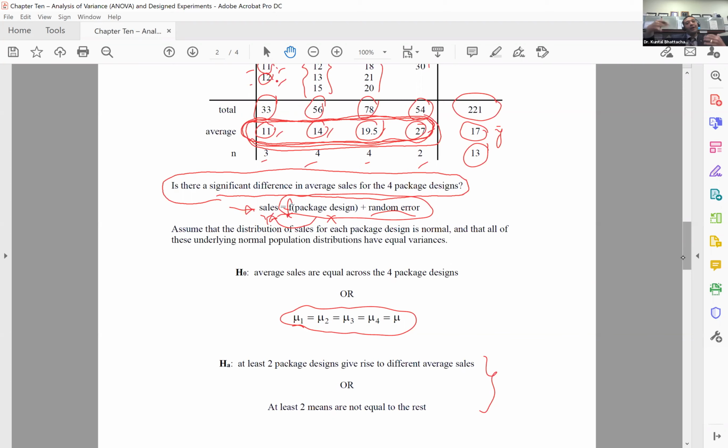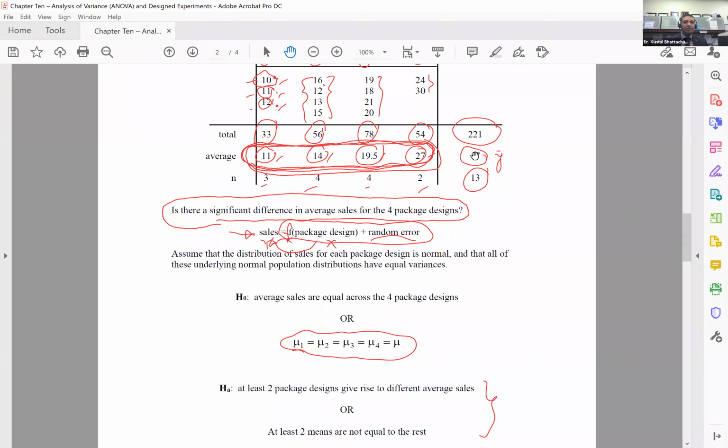And then of course we squared that deviation and took the square root to find standard deviation and all that jazz, right? But the starting point always is how much deviation each data point is from the overall mean. So that is essentially what y sub ij minus y bar means. That is the deviation you are trying to find for any one of those data points from the gross mean or the overall mean.